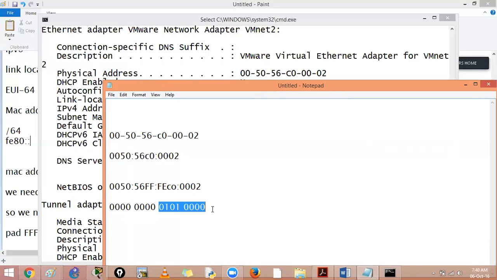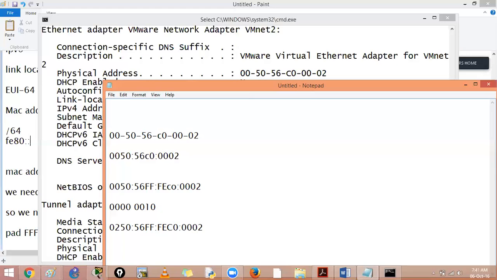I'll just take this out. Yeah, this is my 7th bit. I'll flip it like this. So in here, what is the actual value? So this will become 0 and this becomes 2. 0250 colon 56FF colon FEC0 colon 0002. Simple as that.